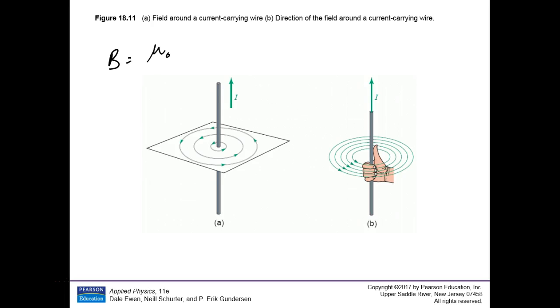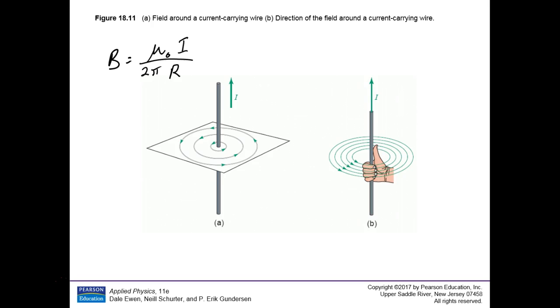B is equal to mu naught times I, the current in amperes, divided by 2 pi R. That capital R is the perpendicular distance from the center of the wire. So if you were a very short distance away, that's going to be a very strong field. Move a little bit further out, it's going to be a weaker field, because that's an inverse relationship. So that is your distance from the wire.